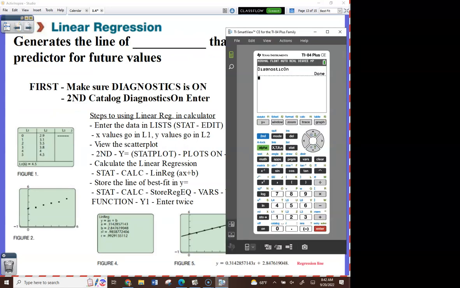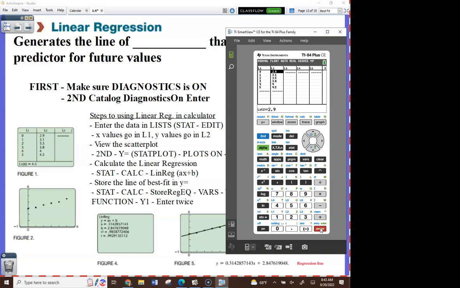So if you hit stat, which makes sense because we're fixing to do a statistics problem, and edit, that makes sense because you're fixing to change what's in there. Hit stat, edit. See, here's my list from last year. Mine's already in there. Is yours in there? I hope not. Shouldn't be. It should be clear. So the first column is your x. The second column is your y.